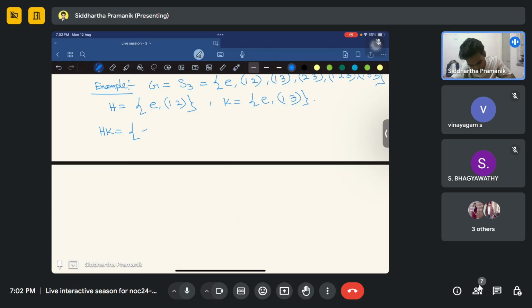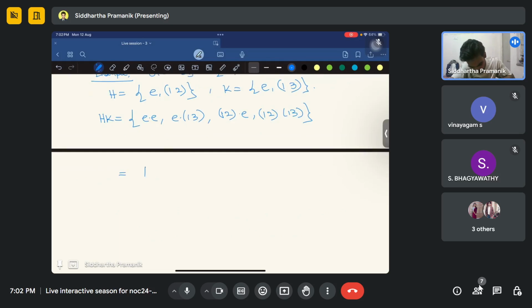So identity times identity, identity times 1 3. Now 1 2 times identity, and 1 2 times 1 3. Now you need to multiply the elements. So identity times identity is identity. Identity times 1 3 is 1 3. 1 2 times identity is again 1 2.